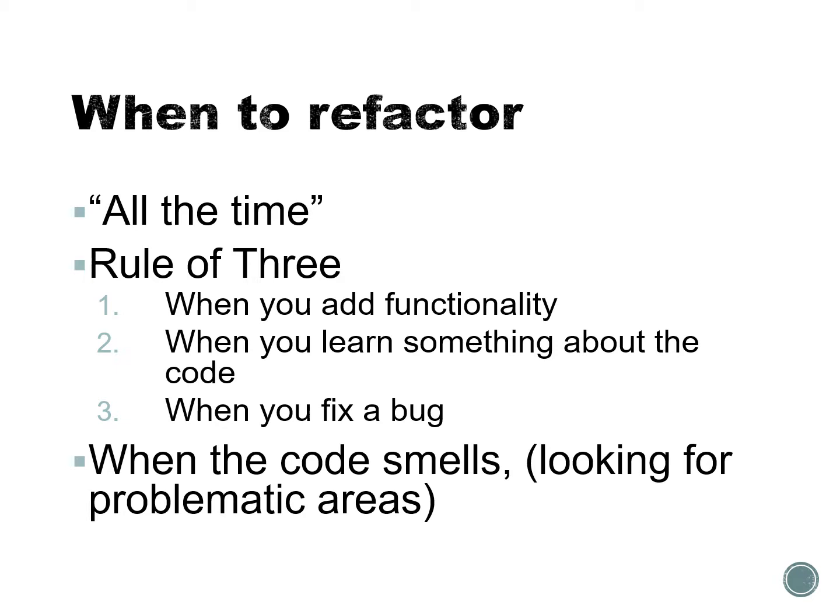Also, the candidates for refactoring are when you add functionality, when you learn something about the code, meaning that you learn something that shouldn't be, or when you fix a bug. You might want to also consider the simplification step, after the functionality works, or after the bug fix works, or after you have confirmed that, okay, hey, there's some design issue here.